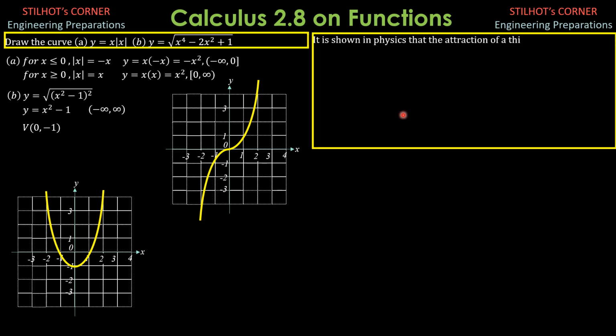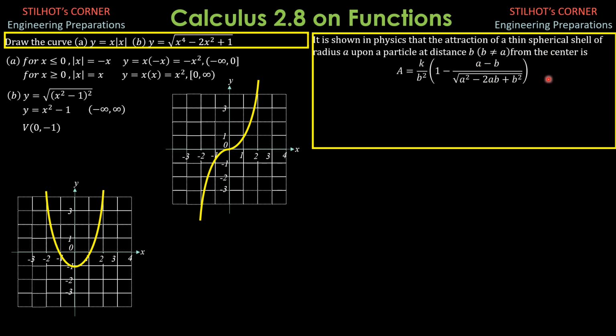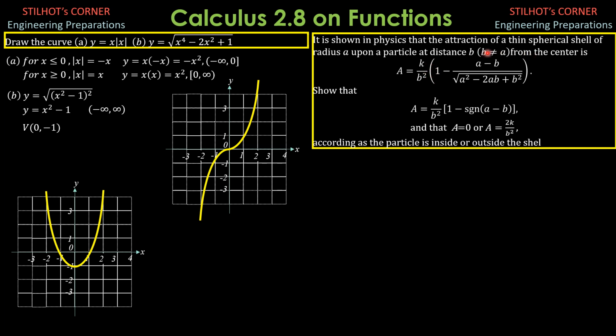It is shown in physics that the attraction of a thin spherical shell of radius a upon a particle at distance b, where b is not equal to a, from the center is A equals k over b squared. So that's the condition that b should not equal a, or else we have division by 0 again.